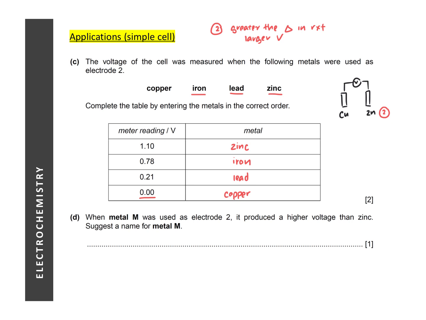For D, when metal M was used as electrode 2, it produced an even larger voltage than zinc. So what it means is that it must be more reactive than zinc. So over here, suggest a name for metal M.